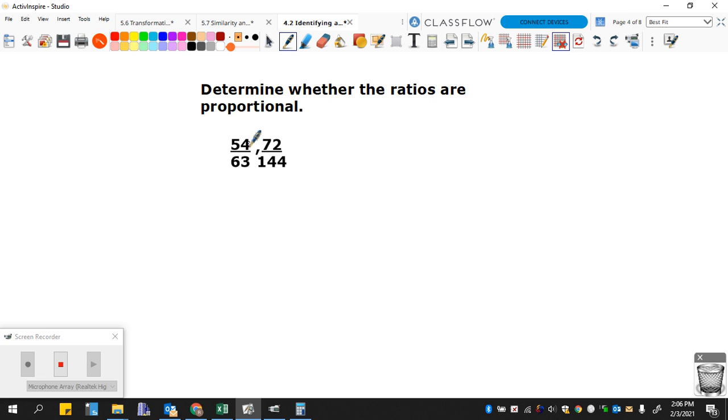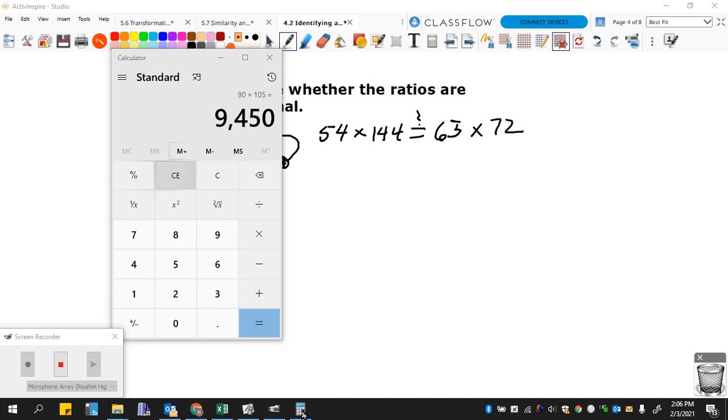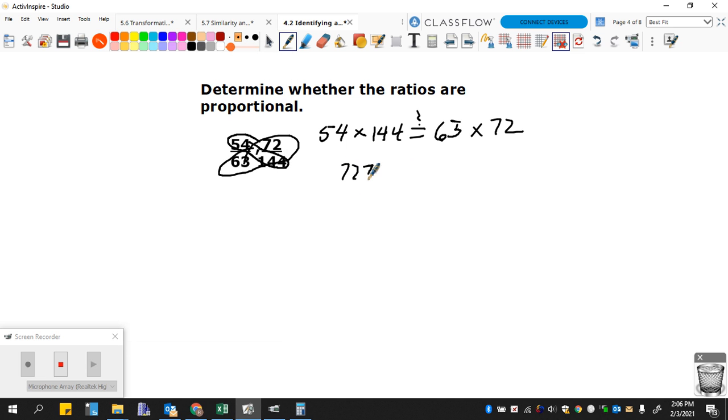Okay, so cross multiply. 54 times 144. Is that the same as 63 times 72? Well, an easy way to check is to use a calculator. 54 times 144 is 7,776.